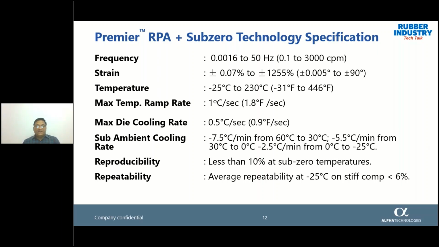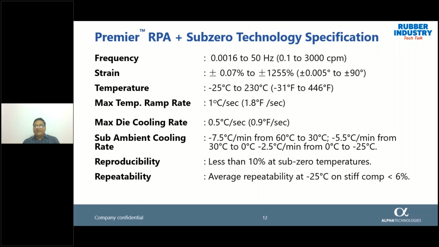And you can see here how we go to the sub-ambient temperature. From 60 to 30 degrees centigrade, it cools down at a rate of -7.5 degrees centigrade per minute, while from 30 to 0 degrees centigrade it cools down at a rate of -5.5 degrees centigrade per minute, and from 0 to -25 it cools down at a rate of -2.5 degrees centigrade per minute.